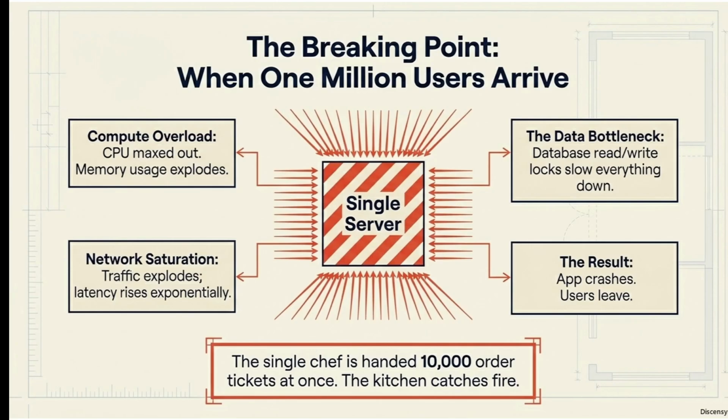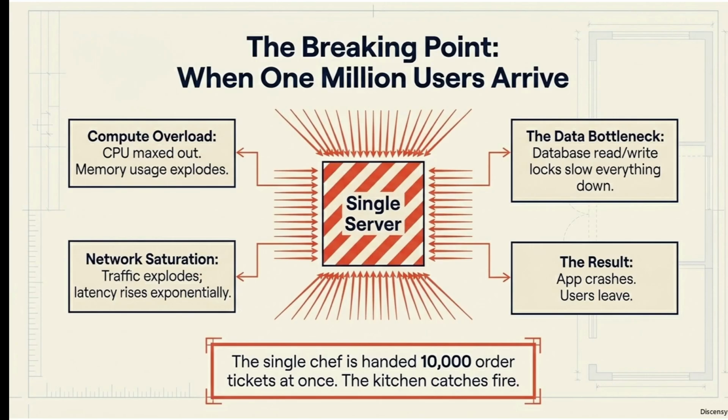So it consumes more time. That is what is presented here: traffic explodes and latency rises exponentially. The third factor is the data bottleneck: database read or write locks slow everything down, right?